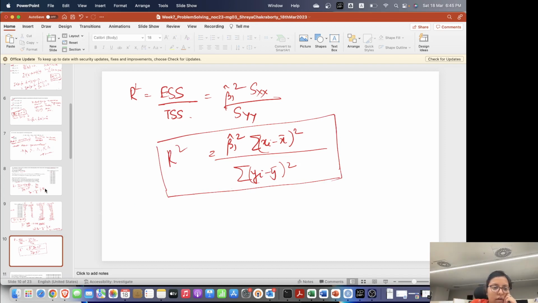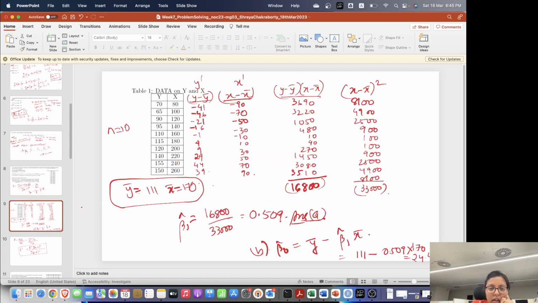So now if we go here, we also have to calculate y minus y bar whole square. So let's do it. Then this will be 41 square, that is 1681. Then we have 46 square, 2116.